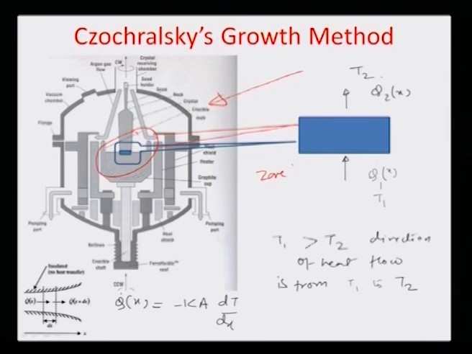Okay, zone of fusion because this is the zone where there is a presence of both the states, the liquid state which is in the crucible, and the solid state which is a part of the seed which is getting withdrawn, and so it's a sort of semi-solid, semi-liquid zone that we are considering.